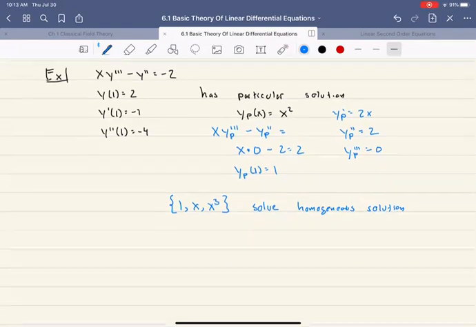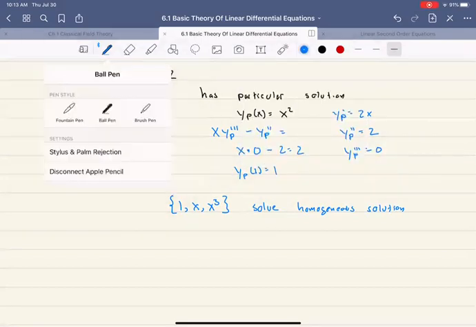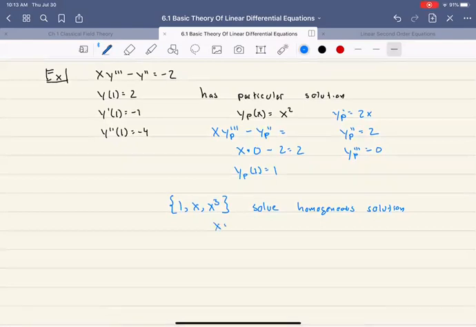Okay, so let's just check that. x y triple prime minus y double prime equals 0. Now the first one's easy, right? Because y double prime is 0 and y triple prime is 0. Actually, x is easy too, because y double prime of x is 0 and y triple prime of x is 0.